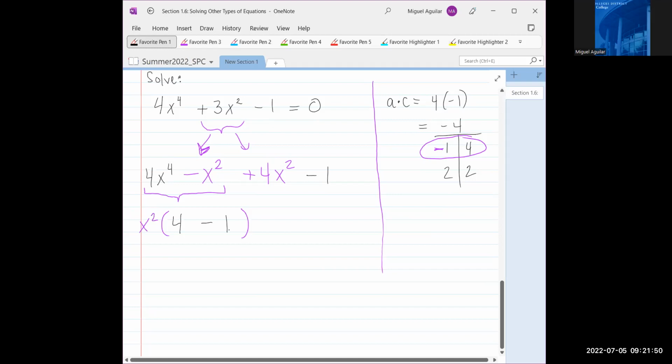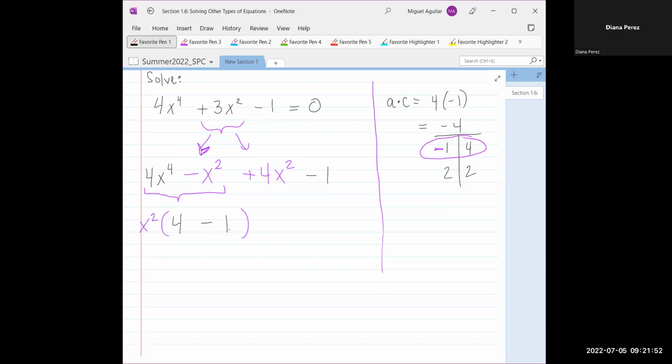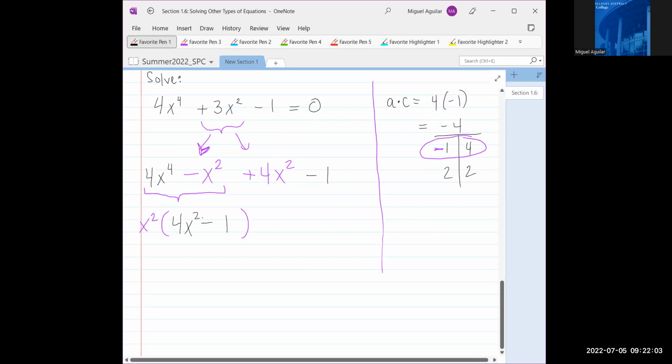Okay, that's a good first step. Not entirely there. Let's go ahead and multiply this out to see if we get what we need. Wait, you're missing an x to the 2nd and a 4. It needs to be 4x to the 2nd. There we go. Everybody okay with that? Because now that multiplication works out. X squared times 4x squared gives you the 4x to the 4th power. And then x squared times -1 gives you the negative x squared. Okay. Good.